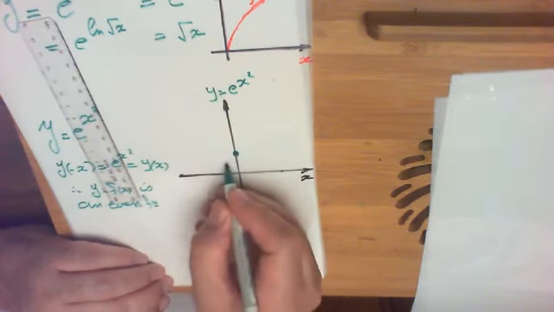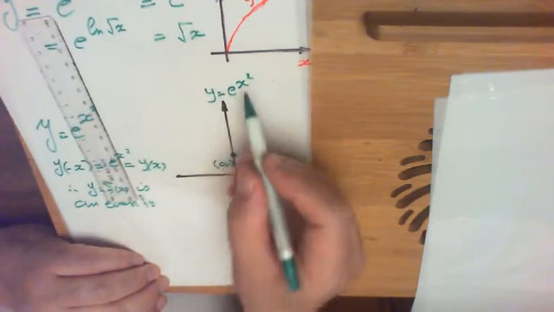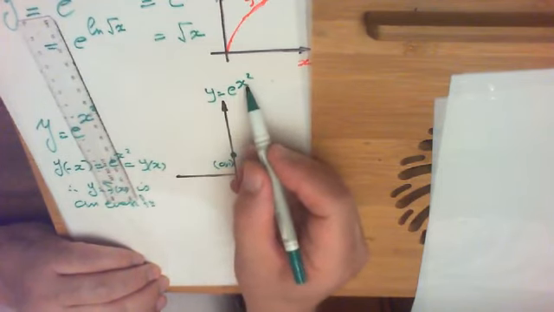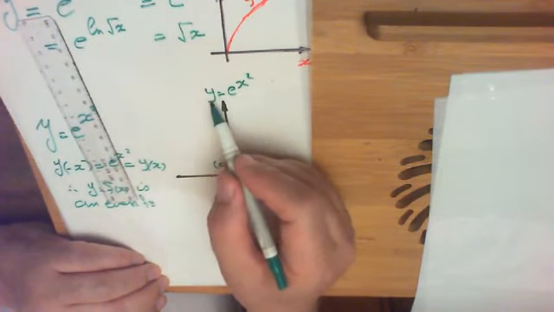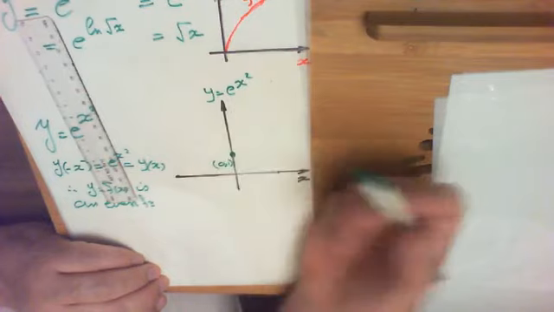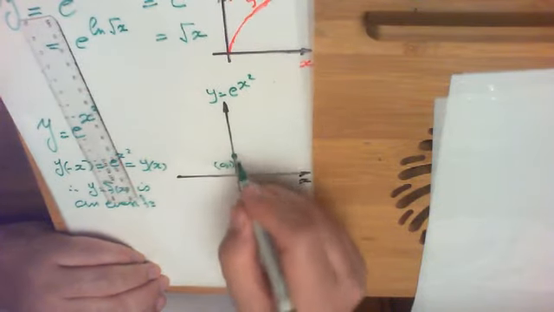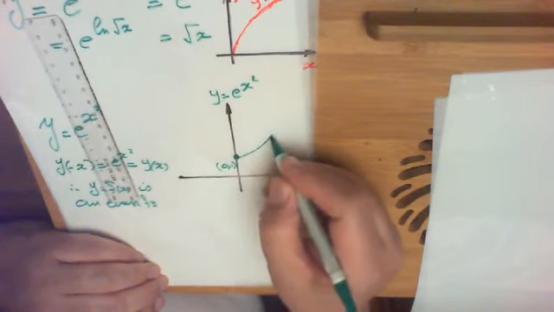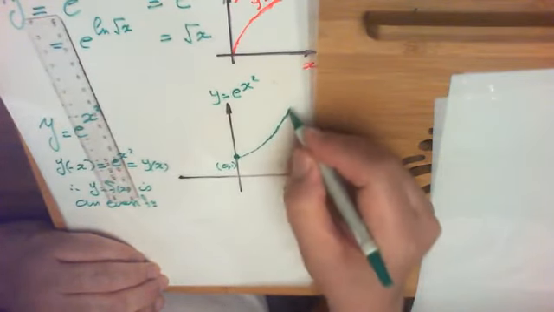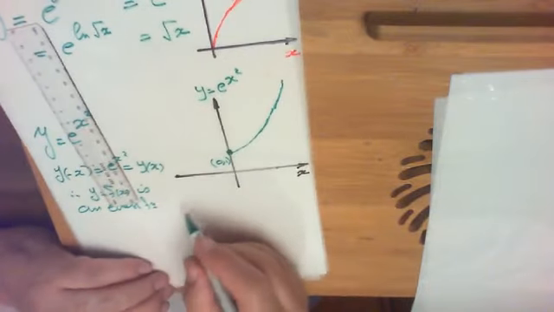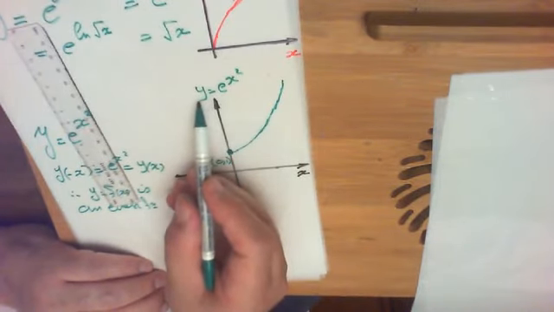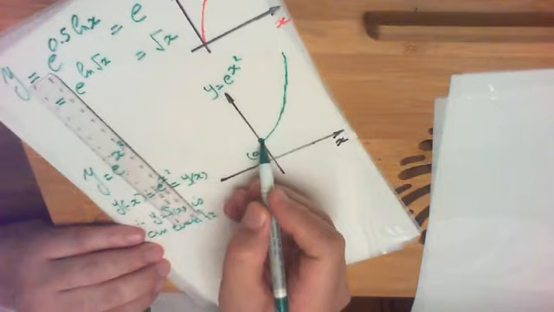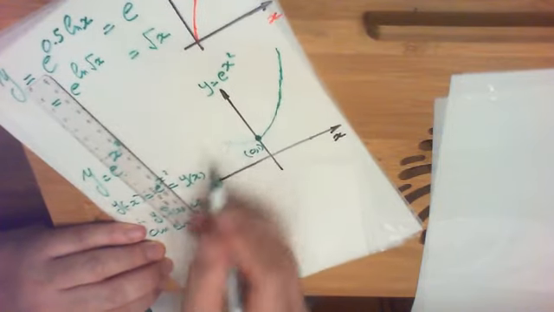This point is (0, 1). As x increases, y increases, and so on. But this function is even, so the other side is the same.